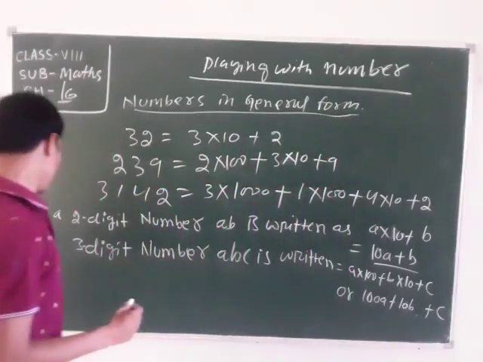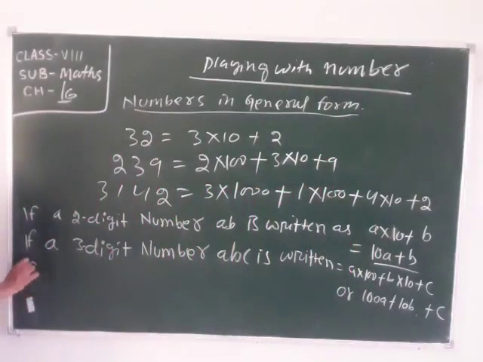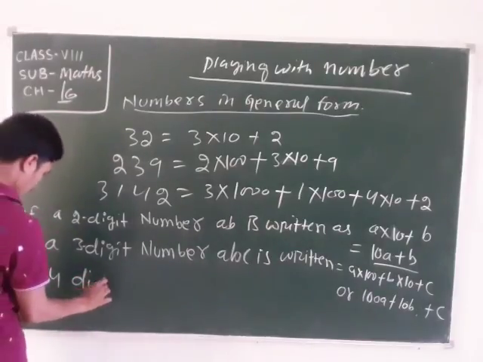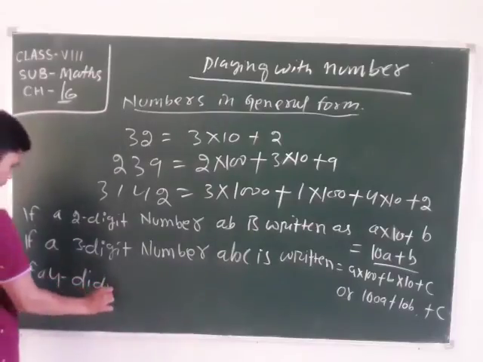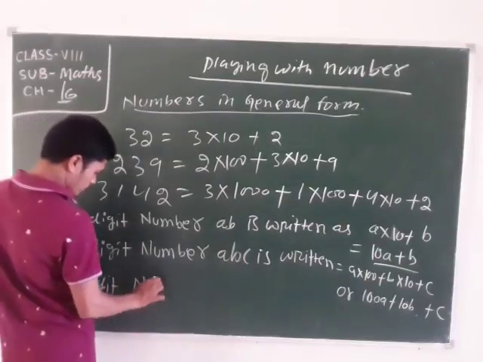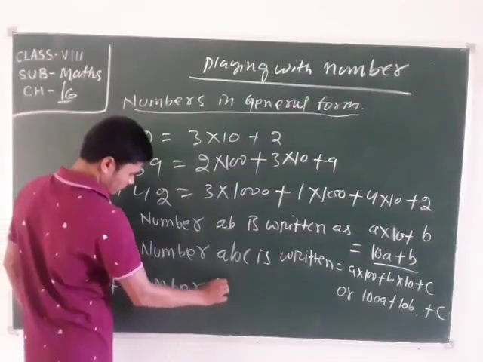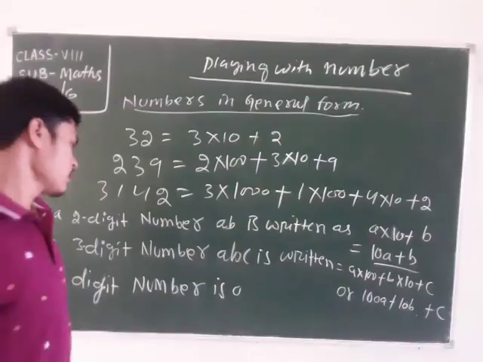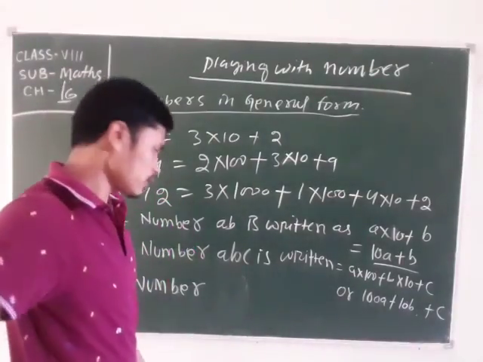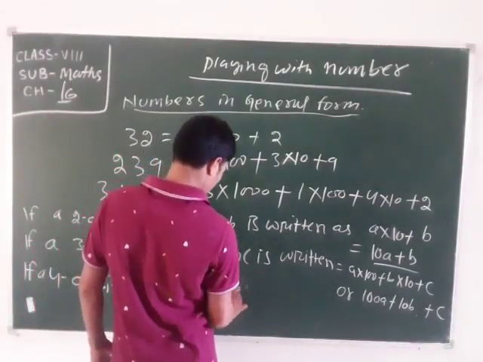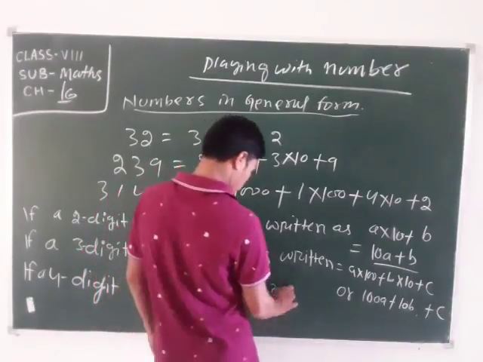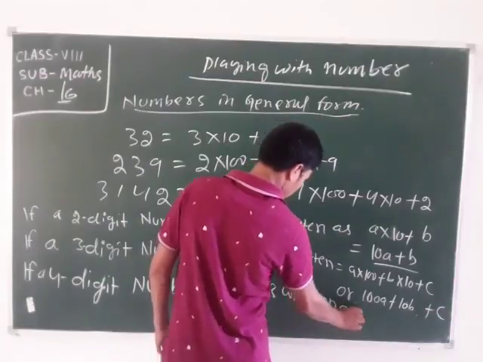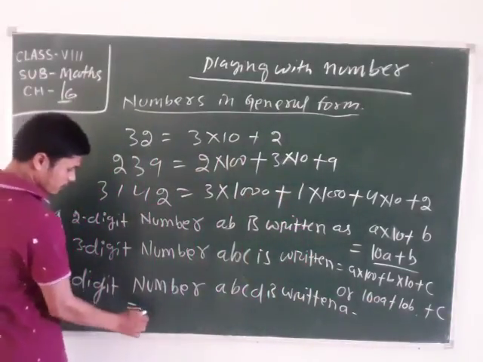Now if there is a 4-digit number ABCD, how can we write it?